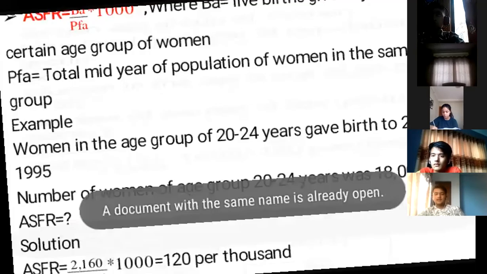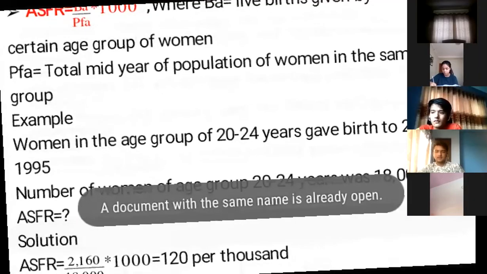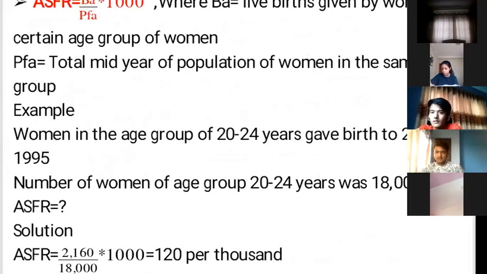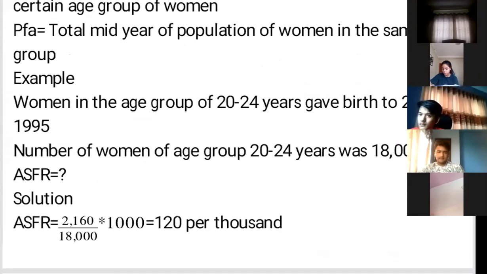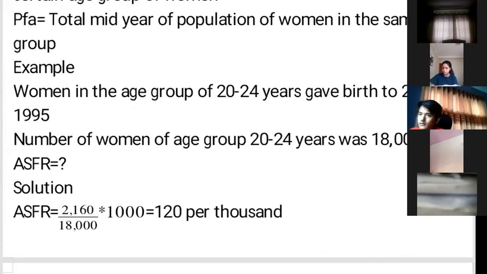Okay, my dear students, once again, you can see on the screen, we are discussing the third measurement of fertility, ASFR, and the formula is here. Once again I want to repeat the example. Women in the age group of 20 to 24 gave birth to 2,160 in 1995, and in the same year the total number of women in age group 20 to 24 was 18,000.